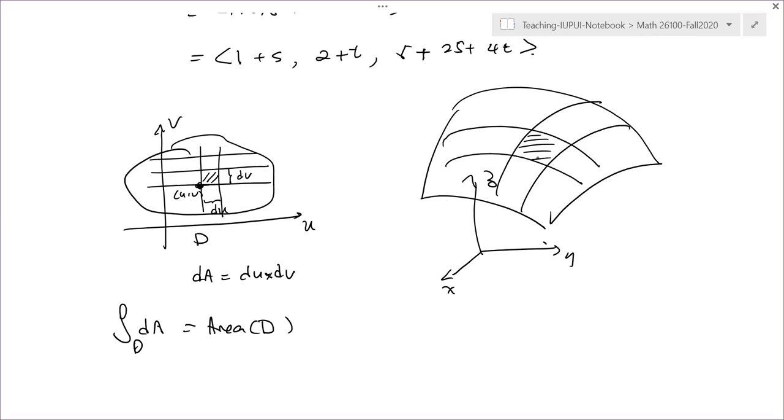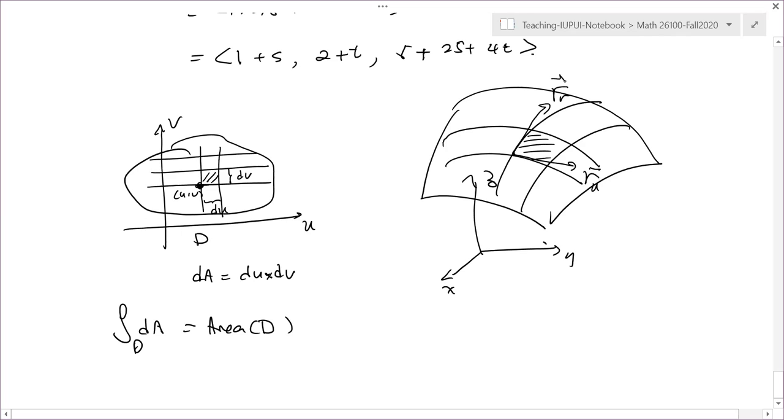All right. I will get this. This is a du. So I can look at the tangent vector. This is r, right? So ru. This is a tangent vector, and this is the tangent vector rv.